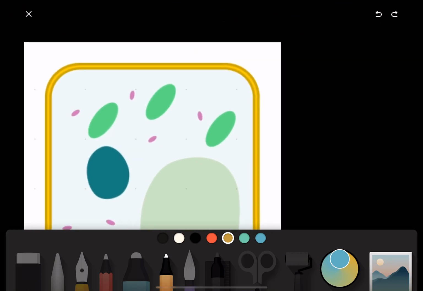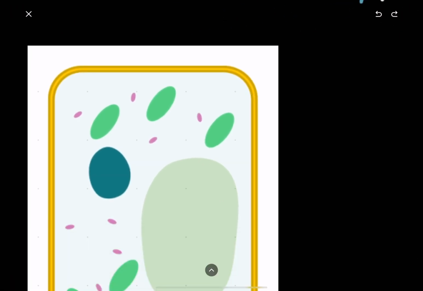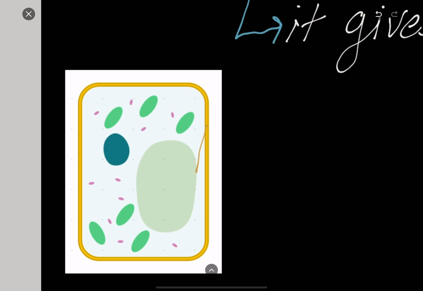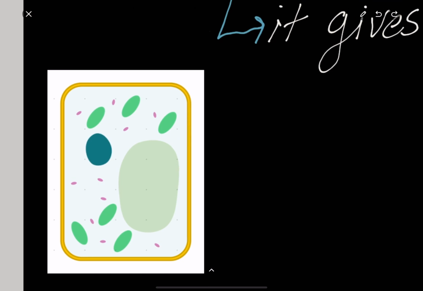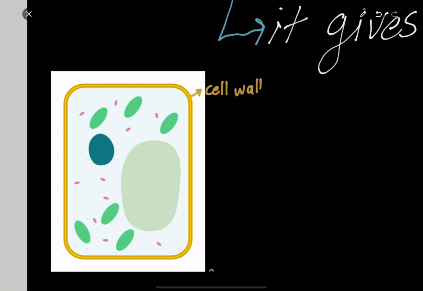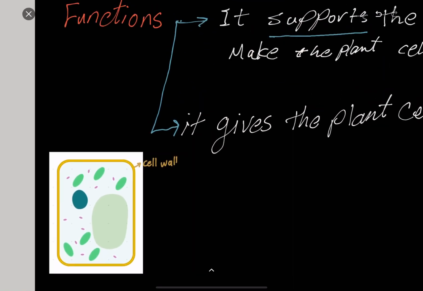As you see in this picture, this is the plant cell, and this part is called the cell wall. So I can define the cell wall as the wall that surrounds the plant cell from outside.